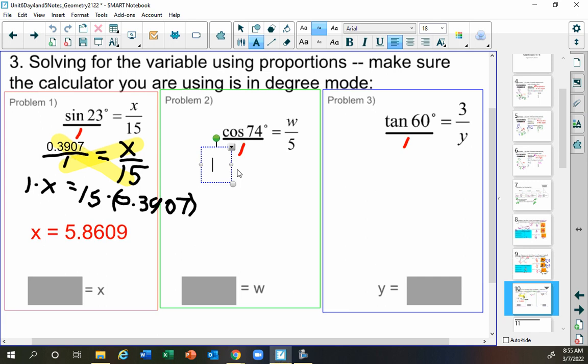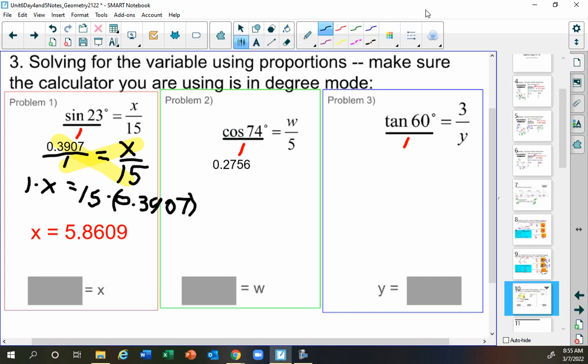Okay, you're in degree. I wonder how you got that other value. Okay. So 0.2756. So that is what we have.